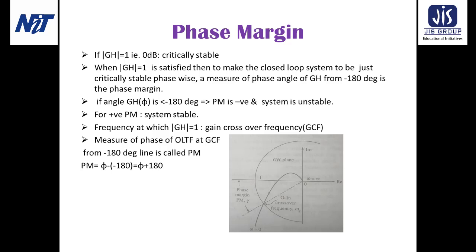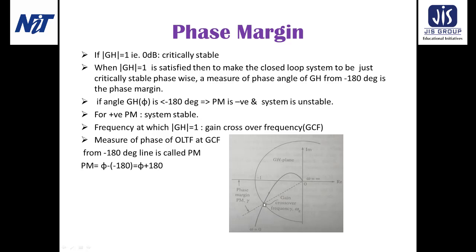It will be positive for gamma greater than 0 and negative for gamma less than 0. So, this one is the locus of G(s)H(s), and then we are considering a unit circle which cuts the locus at this point, and as it is a unit circle, we can say this is the gain crossover frequency, and this means mod of GH is equal to 1 at this point.